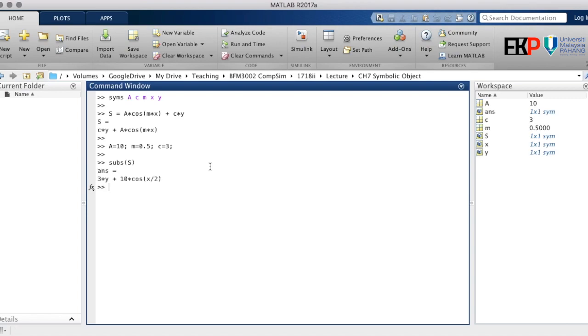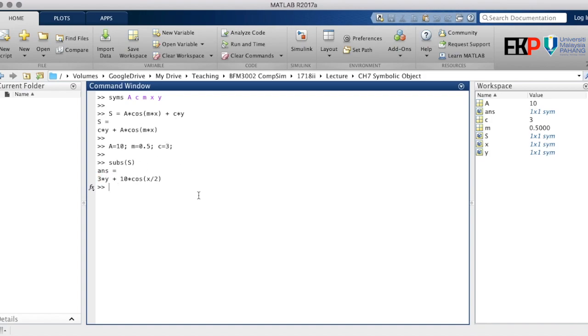When we press enter, we'll get the answer of 3 times y plus 10 times cos of x over 2. So see that a has been replaced with 10, m has been replaced by 0.5. Here x is divided by 2, and c has become 3. Here in front, 3 times y is actually the value of c.